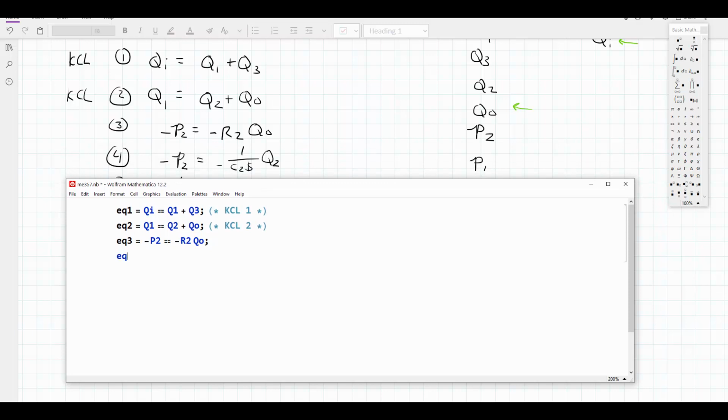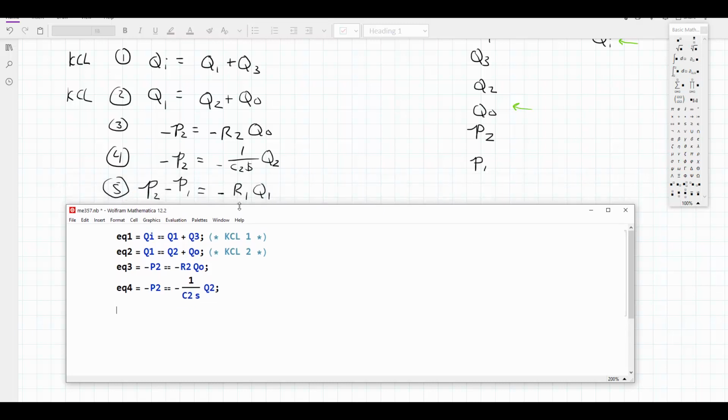Q4, another node-to-node voltage drop, so EQ4 equals negative P2, double equals, and I'll put in my fraction here, negative out in front in this case, 1 over C2S times Q2. My fifth equation, P2 minus P1, is negative R1 Q1, and make sure there's a space there.